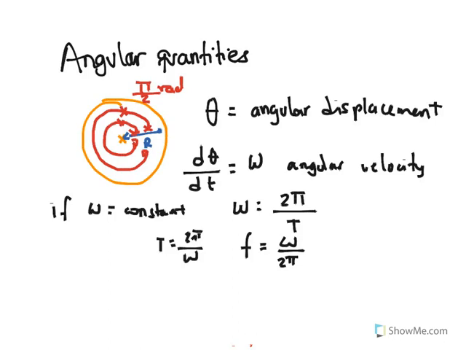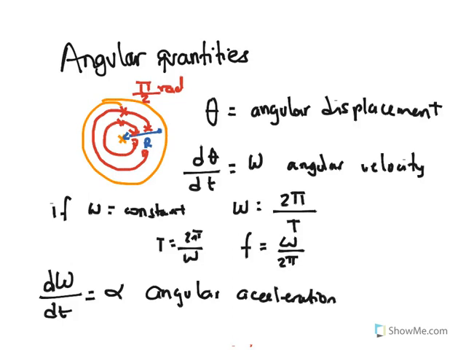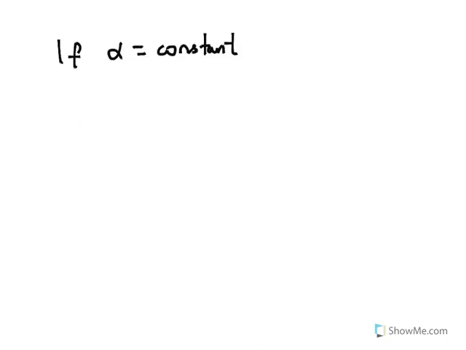Of course, if there is a change of the angular velocity with time, this is denoted by the letter alpha, and this is the angular acceleration. So in this case, we're analyzing how the angle is changing with time, and we generate angular quantities. You might be familiar with the next expressions, because if alpha is constant, then we generate 4 equations of motion, and they are the same equations we have been working with previously.